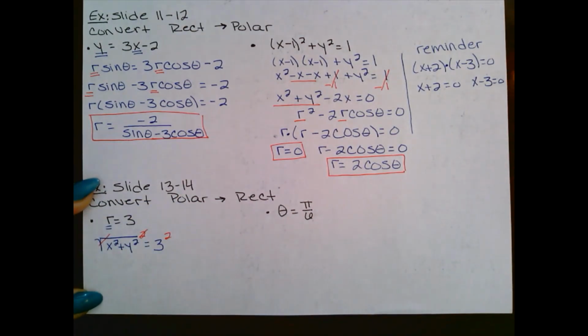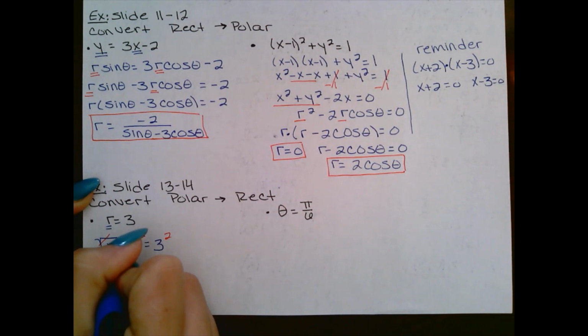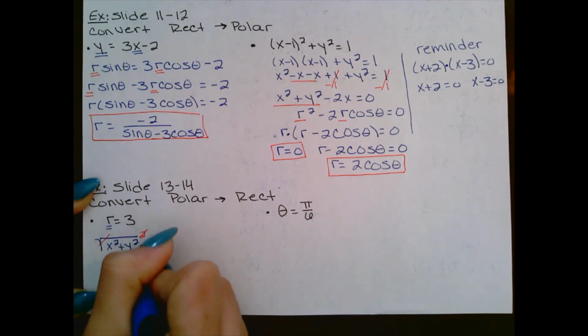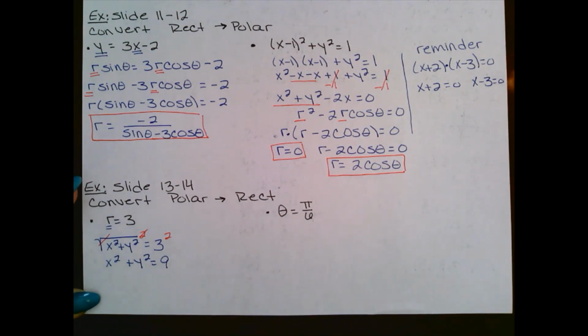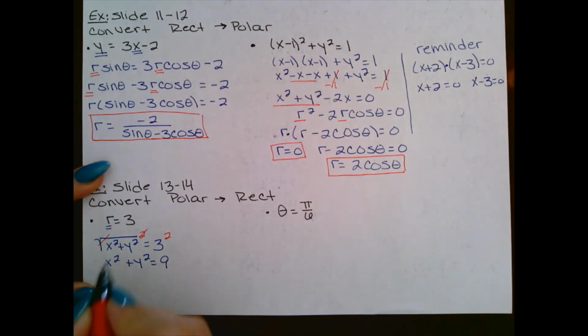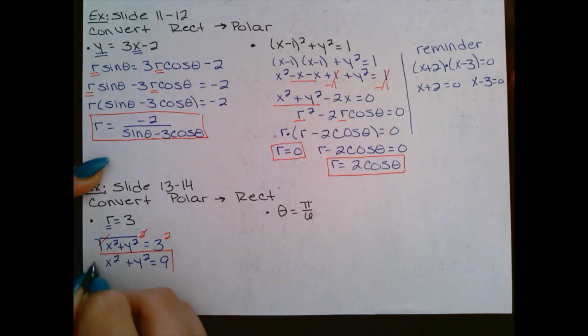And now I have x squared plus y squared equals 9. Now, if you can recall back from either Algebra 2 or if you've taken a pre-calculus class or anything of the sort, that this is an equation of a circle, you are free to stop right here.